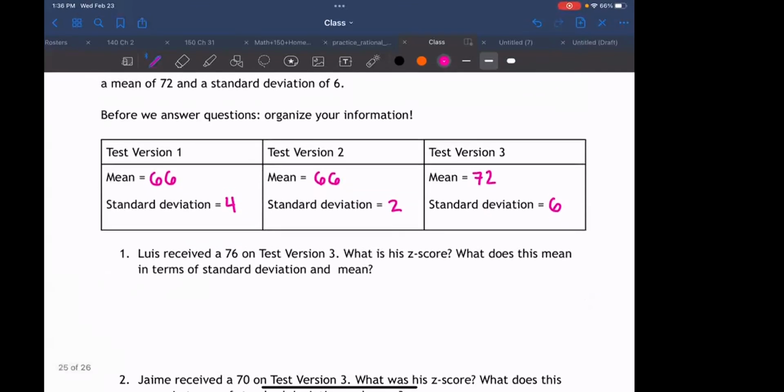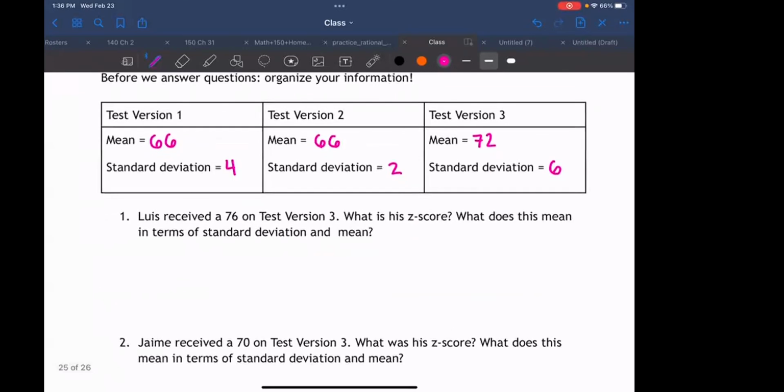Let's take a look at number 1. Lewis received a 76 on test version 3. We're asked to find his z-score and what it means in terms of standard deviation and the mean. So we have 76 here. What value is that in our equation? X, right?